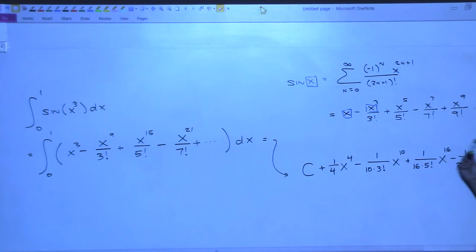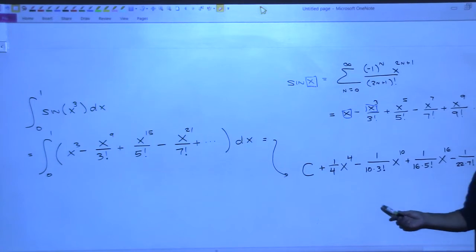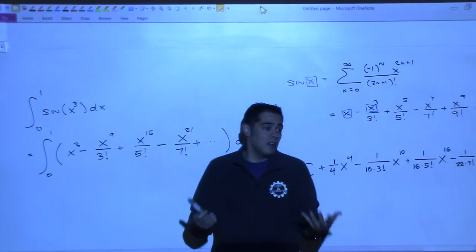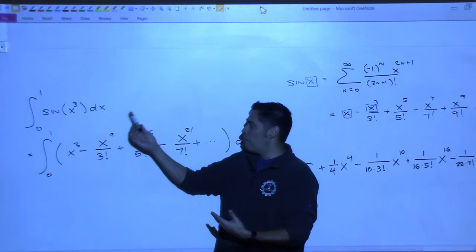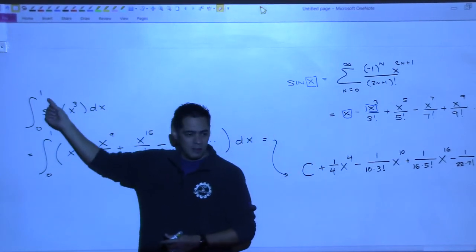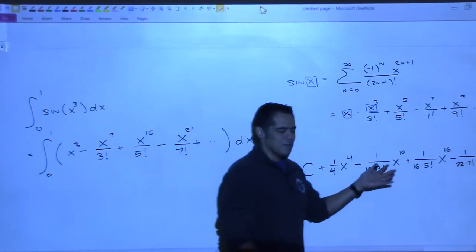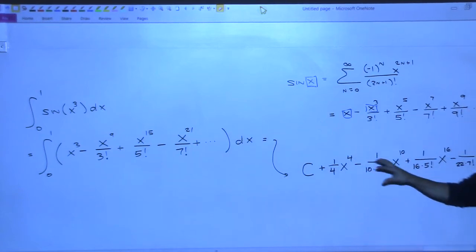So you plug 1 in and then you plug in 0, and to me that just seems like a waste of time. I want you to understand that's why we do it like this, because we can do a definite integral if we needed to, but it's really just one more arithmetic step, so maybe not. I was thinking like 0 to pi over 2, and that would kind of suck. Yeah, I wouldn't want to do something like that.